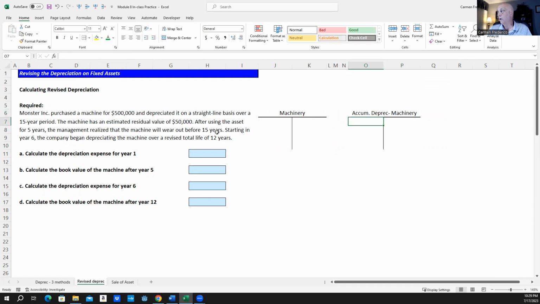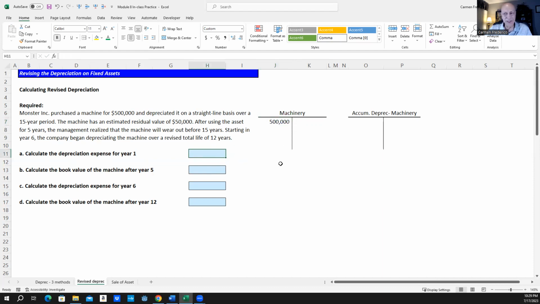All right. So here we have this asset. We started depreciating this asset. When we first purchased the asset, we capitalized $500,000 for this asset. So we're going to calculate the depreciation expense for year 1.